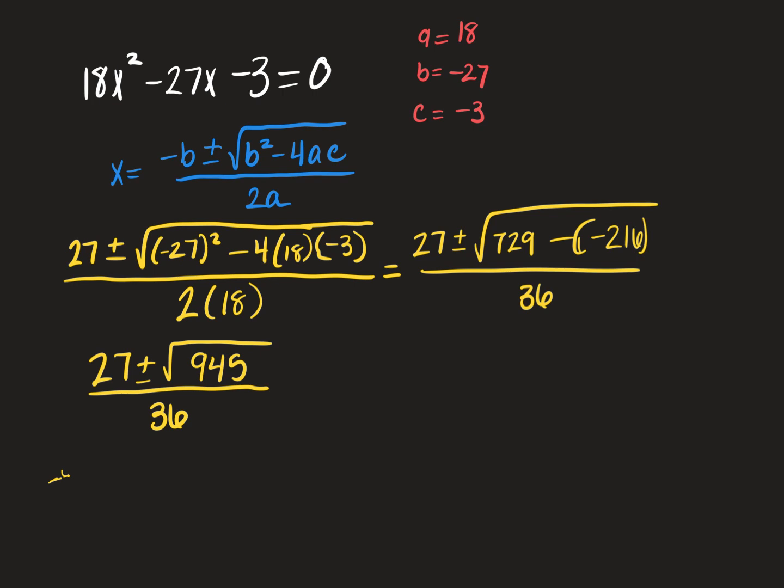So what are some factors of 945? Let's do green. That's a pain in the butt, so. 2 doesn't go anywhere. It ends in 5. So we can go 5 and 189. 189 we can divide by 3 and then get 3.